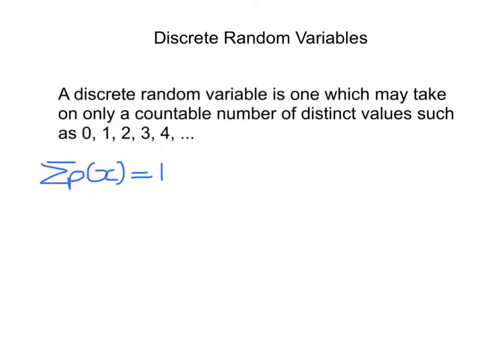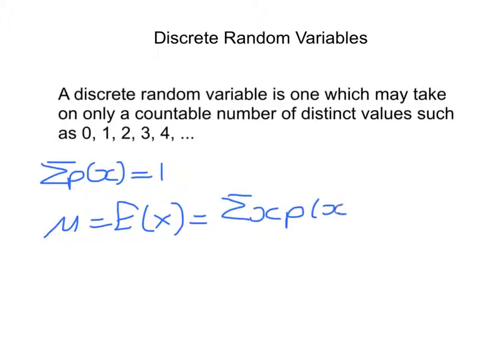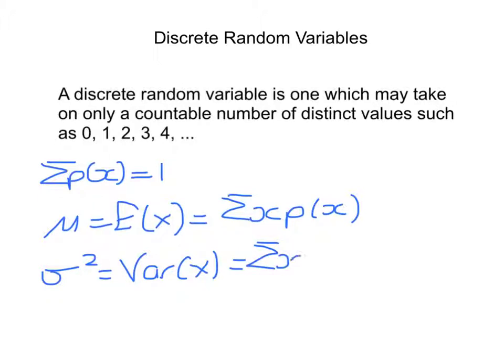The second one allows us to work out the mean, which we call the expectation of x, and that is the sum of the x values multiplied by their probabilities. And the third is for working out standard deviation. Standard deviation squared is the variance of x, and it is the sum of the x values squared multiplied by their probabilities, subtract the mean squared.